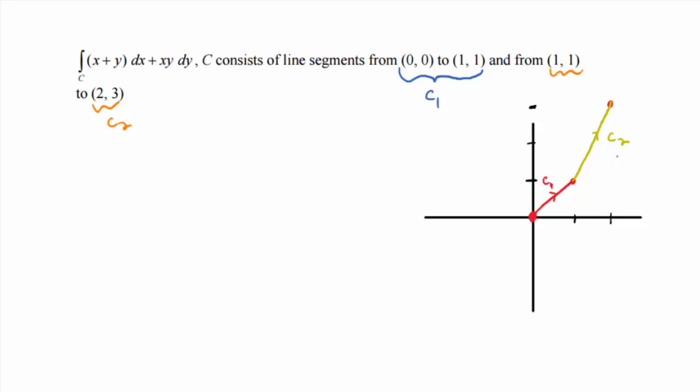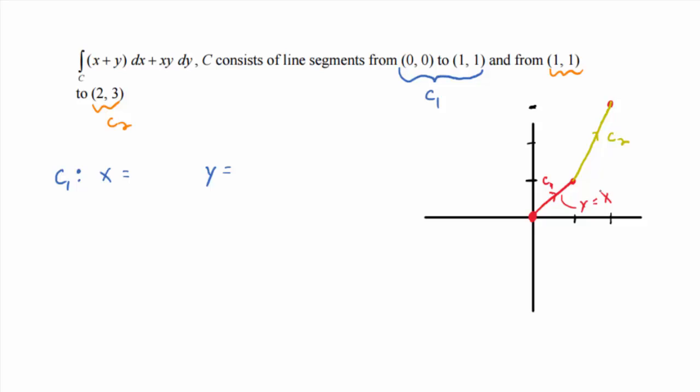Okay. So what would be a good way? We need parameterizations. So what would be a good way to parameterize C1? In other words, we need our parametric equations, right? X, Y. Well, yeah, because if you think about it, the line in red is given by the equation y equals x, right?